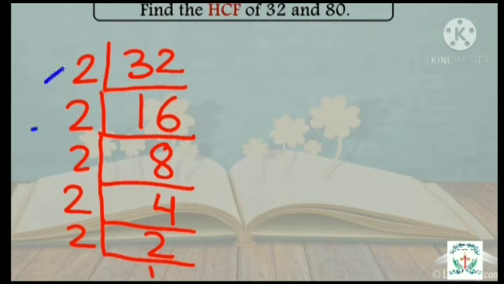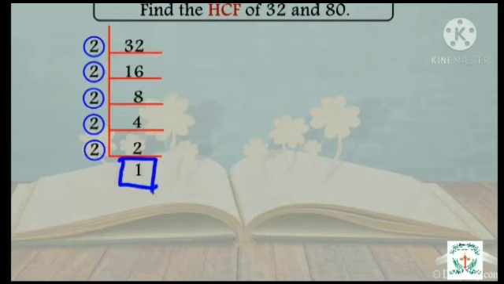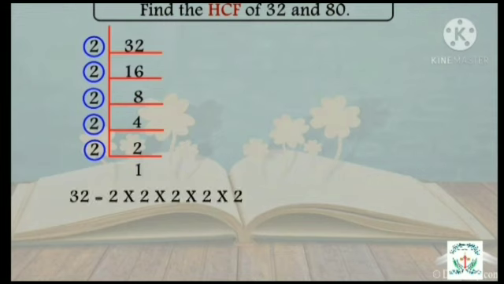So we have 5 2's. That is 5 2's. We do not consider 1 because it is neither prime nor composite. Thus 32 equals 2 into 2 into 2 into 2 into 2.